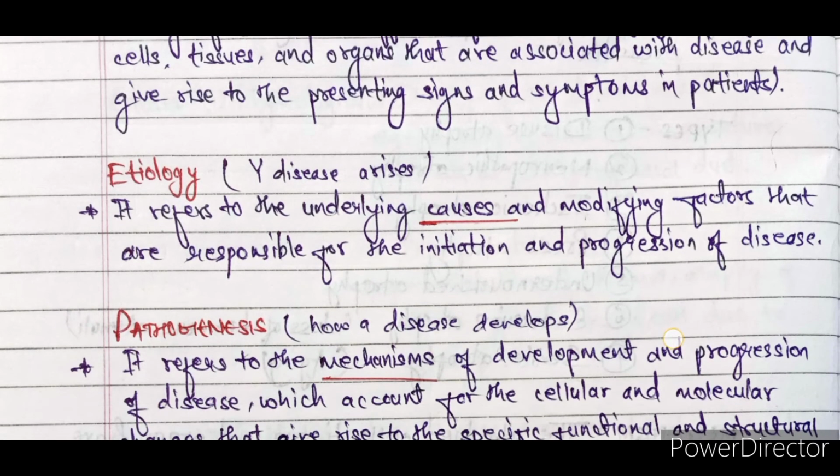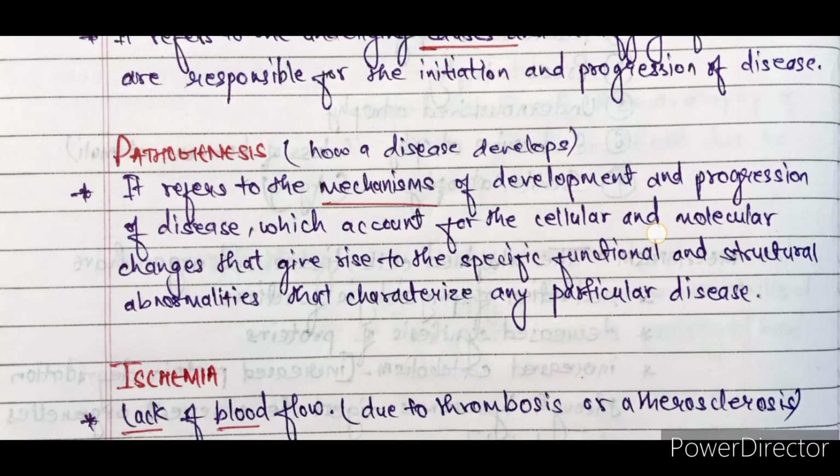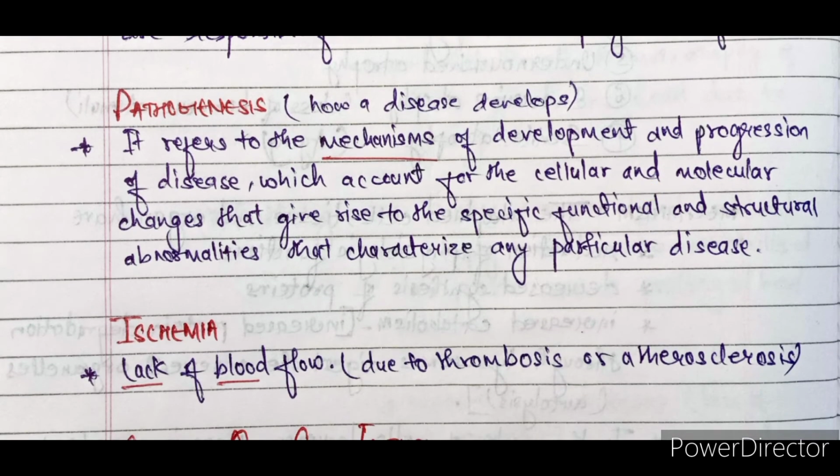Now talking about etiology, it simply means why disease arises. It refers to the underlying causes and modifying factors that are responsible for the initiation and progression of disease. So what is pathogenesis? It simply means how a disease develops.